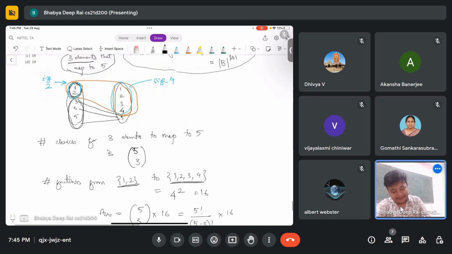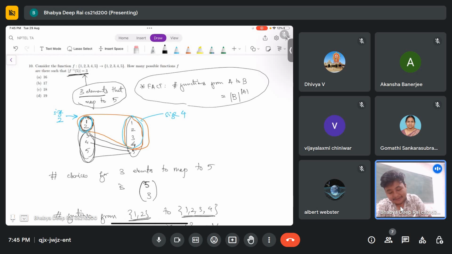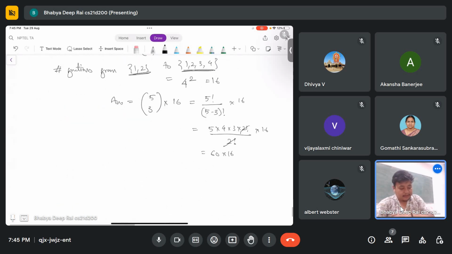Oh, okay. So there's a problem in the options. This is multiplied by 60 actually.